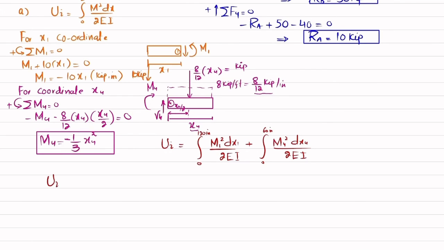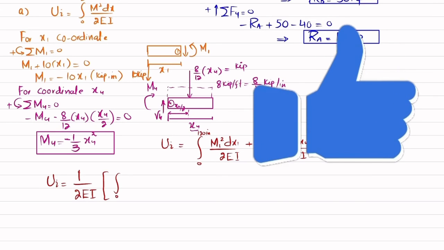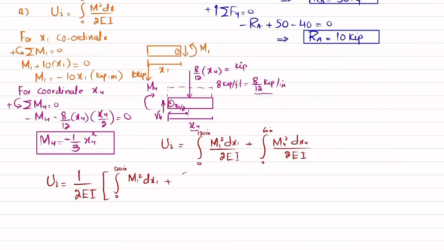Now you can just put the values. U_i is equal to, we can take 1 over 2E common because the material is the same and I is the same. So you will get the integral of 0 to 120 inch M1 square dx1 plus the integral of 0 to 60 M4 square dx4.